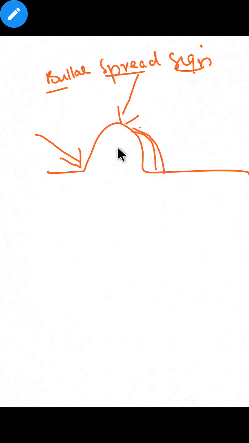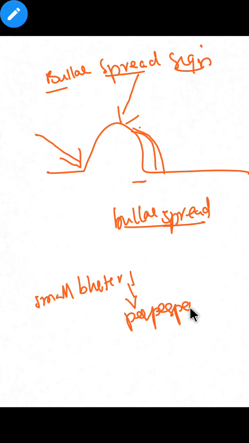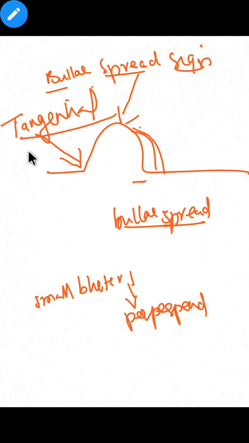Before applying pressure, the Bullae is only up to here, right? After pressure, the Bullae spreads. This is called Bullae spread sign. In case of small blisters, we give perpendicular pressure. Remember this. In case of large, we give tangential pressure or tangential push. Okay, this is Bullae spread sign.